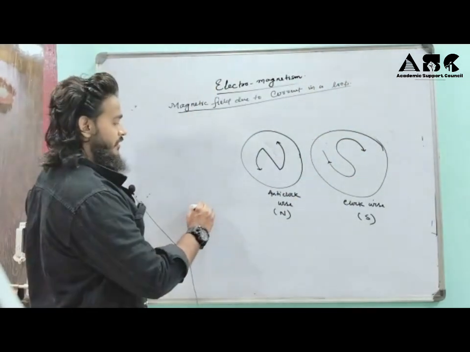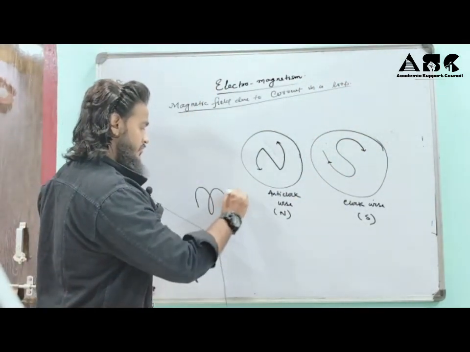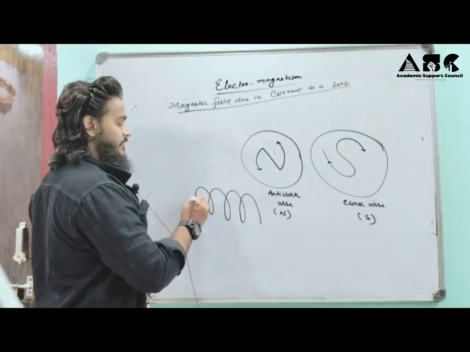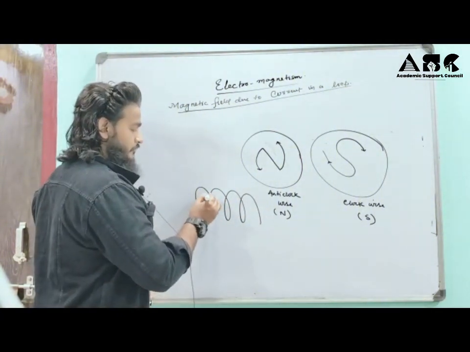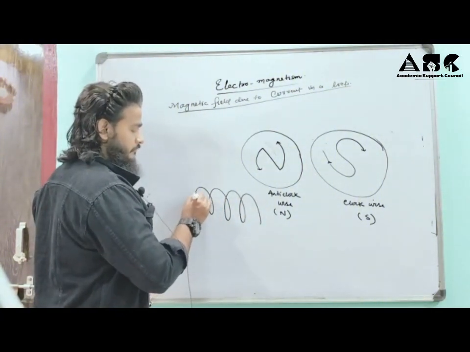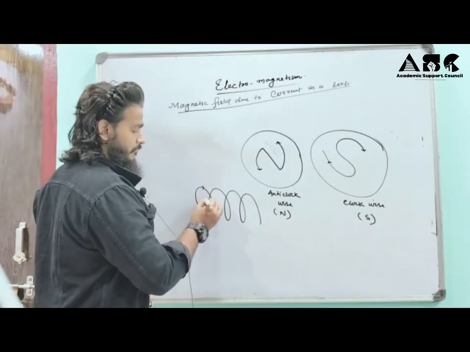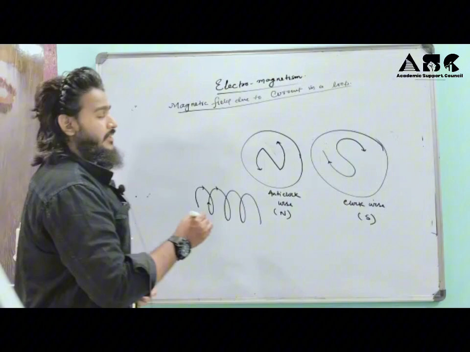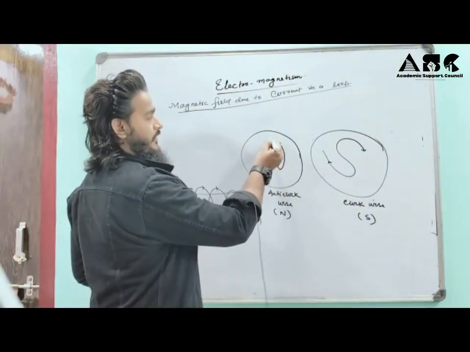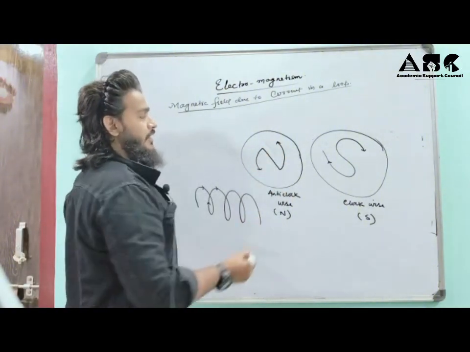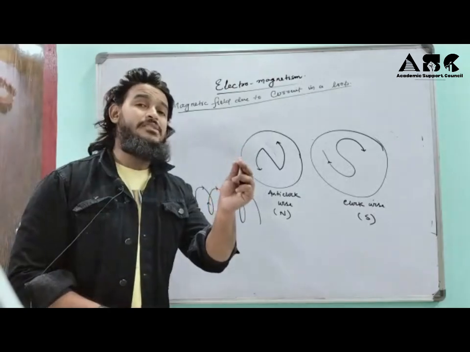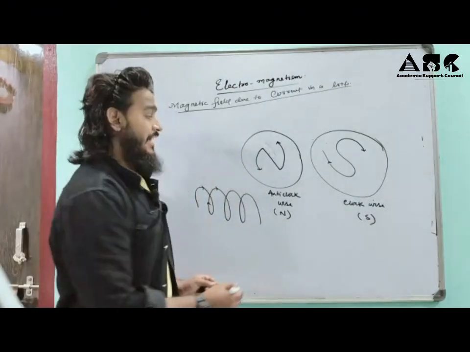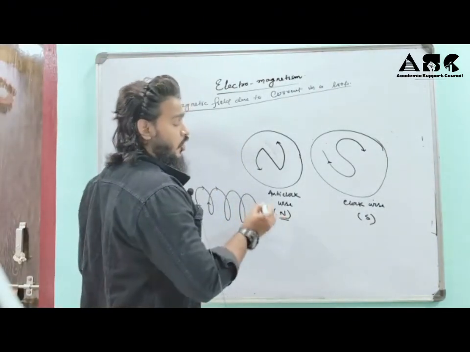Suppose this one is a wire and the current is passing in this way. From your side it will look anti-clockwise. So remember, if the current is passing in this way, the face which is on your side will be considered as a north pole.